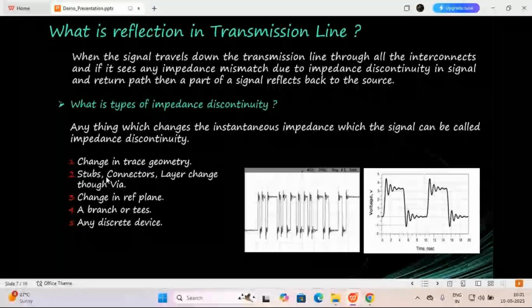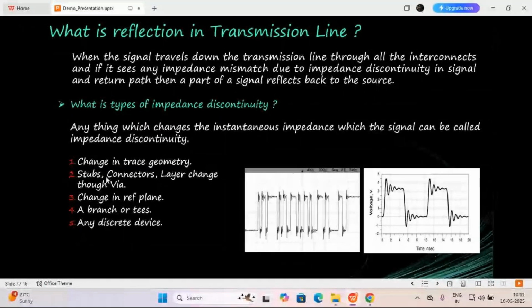So let's understand this definition. Suppose there is one point A and point B, and we have a transmission line of 50 ohm impedance, a uniform impedance of 50 ohm.